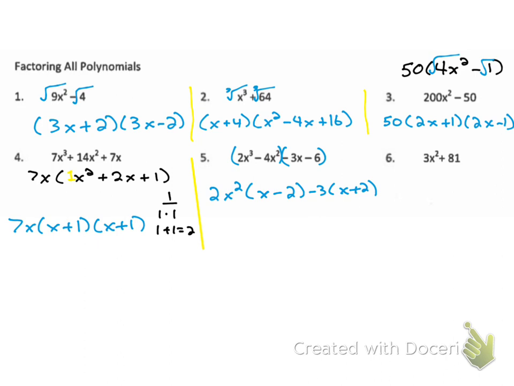What they probably meant to have there was this be a plus 6 right here. And then you take out a negative 3, which then would leave you with x minus 2. And then the answer would be x minus 2 times 2x squared minus 3. Okay?